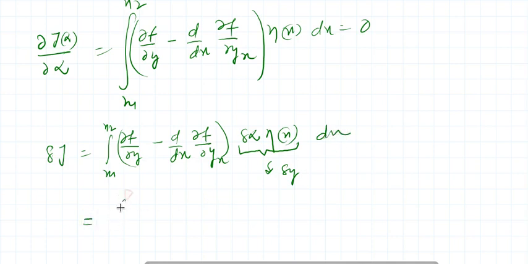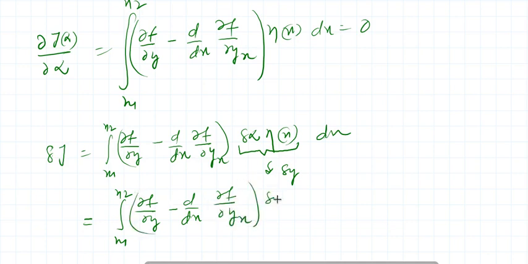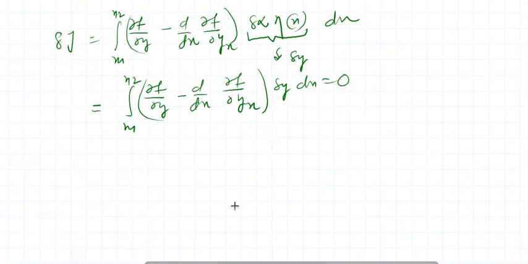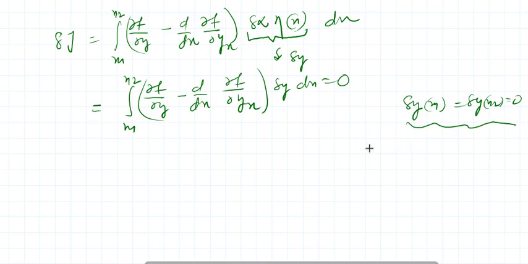So I can write it as the integral from x1 to x2 of ∂f/∂y minus d/dx of ∂f/∂y', δy dx. It must be equal to 0. And as we know, δy(x1) must be equal to δy(x2) and equal to 0. This we got from the initial conditions, because at the end points of the path there is no change in the value of y.